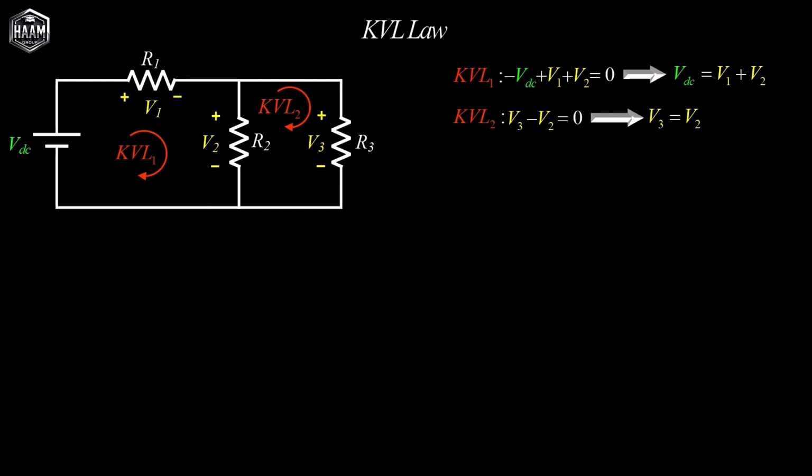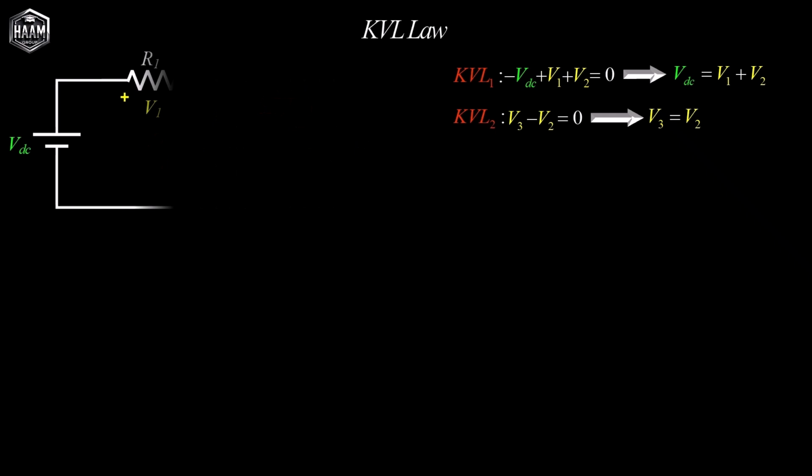Since R2 is in parallel with R3, we can replace them with a single equivalent resistor R. So R equals R2 parallel R3, which simplifies the circuit. Note that V2 equals V3, and both are equal to the voltage across this equivalent resistor.